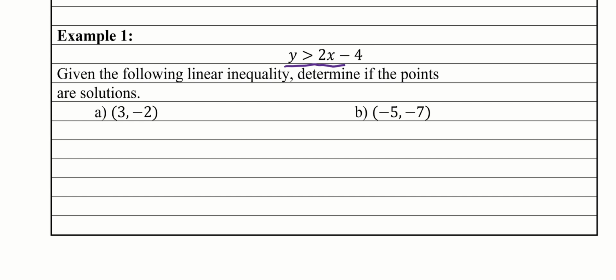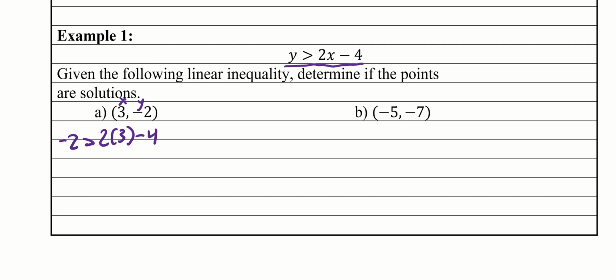Let's say I had y is greater than or equal to 2x minus 4, and I wanted to test some different points to see if they're solutions. For the first point, 3, -2, I take the x coordinate and plug it in for x, and the y coordinate for y. That gives -2 is greater than or equal to 2 times 3 minus 4.